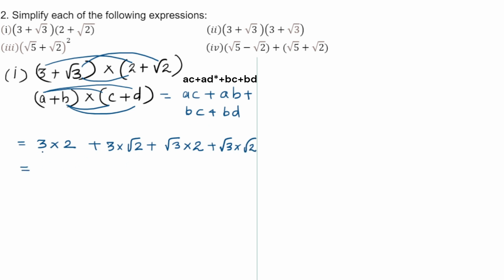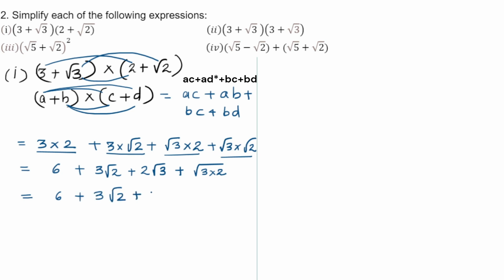Now simplify it. 3 into 2 is 6 plus 3 into root 2 is 3 root 2 plus this will become 2 root 3. So we get here 6 plus 3 root 2 plus 2 root 3 plus root 6.